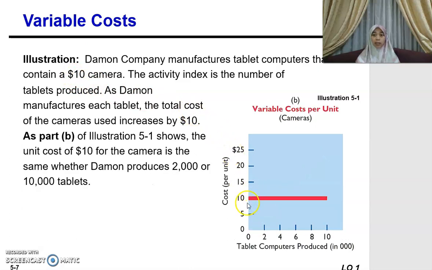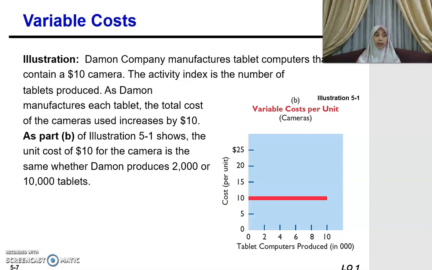So your 10 ringgit per unit is your variable cost per unit. It remains constant at 10 regardless of how many units you produce. The cost per unit will remain constant at 10 ringgit per unit. If your cost behaves like that, that is known as your variable cost.